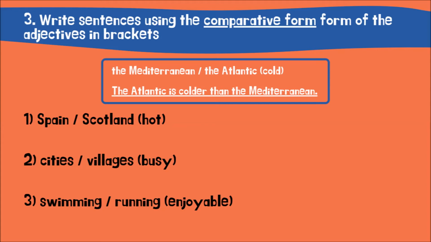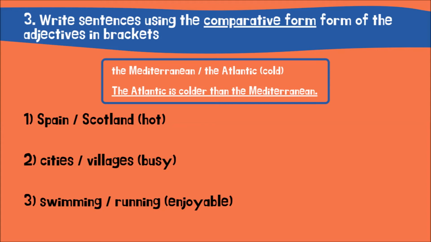Okay, antara dua perkara kan. That's why kita gunakan comparative. Okay, bagi kat situ adjective dia ialah cold. So di adjective kita kena tukar adjective tu daripada cold jadi colder. Kenapa? Sebab dia lebih sejuk. Okay, cold is sejuk. Okay, so between the Mediterranean and the Atlantic, which one is colder?